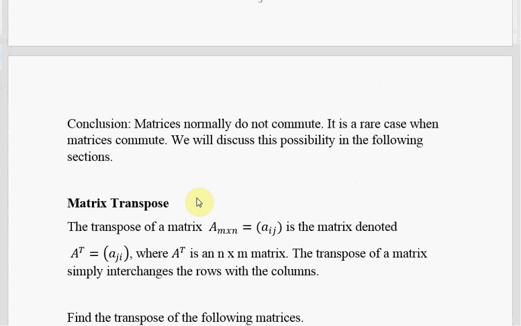If the matrix A has entries m by n, where Aij is the entry denoted, then A transpose takes the matrix A and it just interchanges the rows with the columns. Right? So if matrix A is an m by n, then A transpose is an n by m.